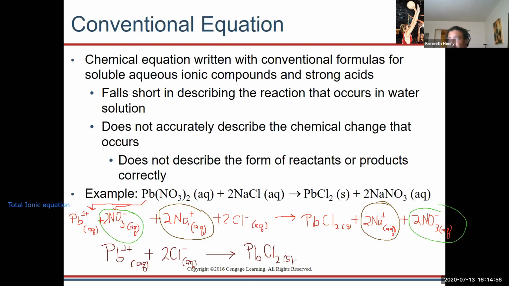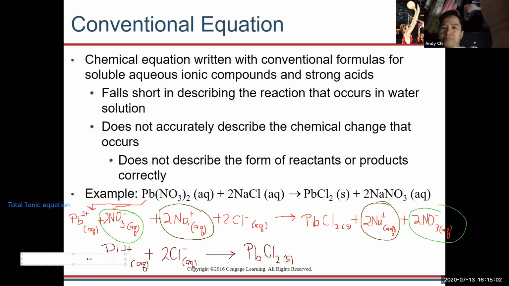Okay, and this guy is called the net ionic.